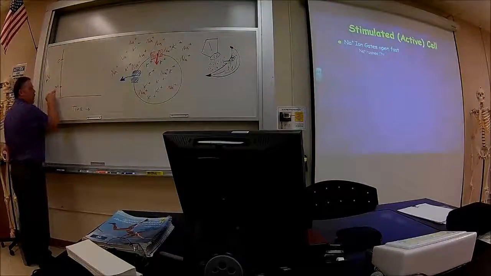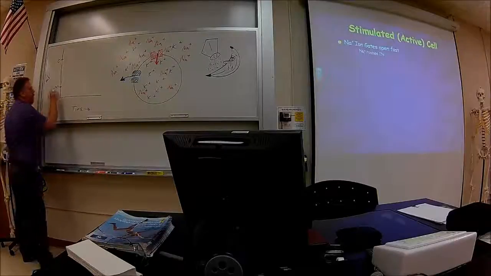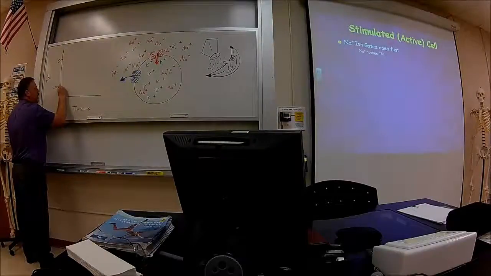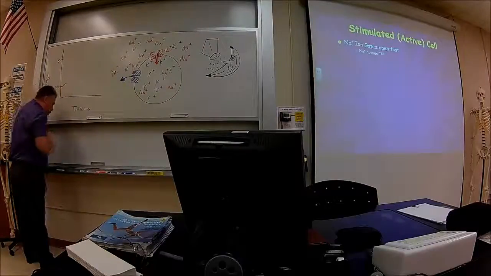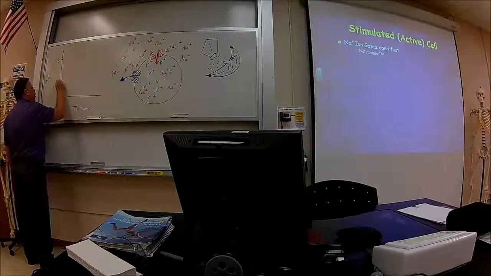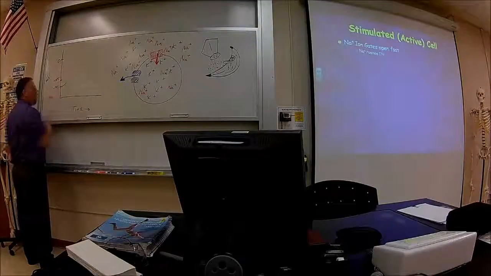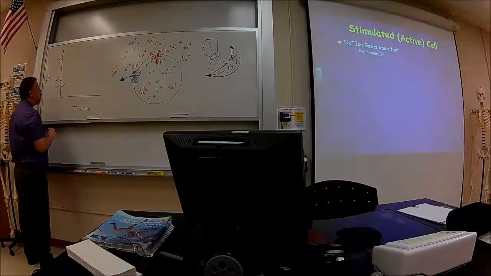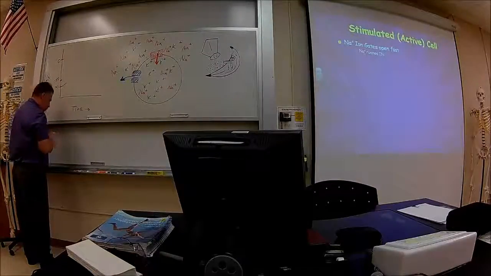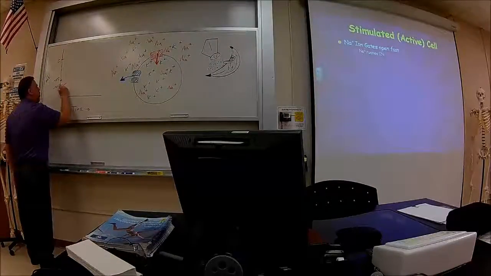Now, here's the resting potential at negative 70. What happens here is that sodium is going to start coming in. And once it reaches what we call a threshold at negative 55, leaky channels are allowing sodium to come in.